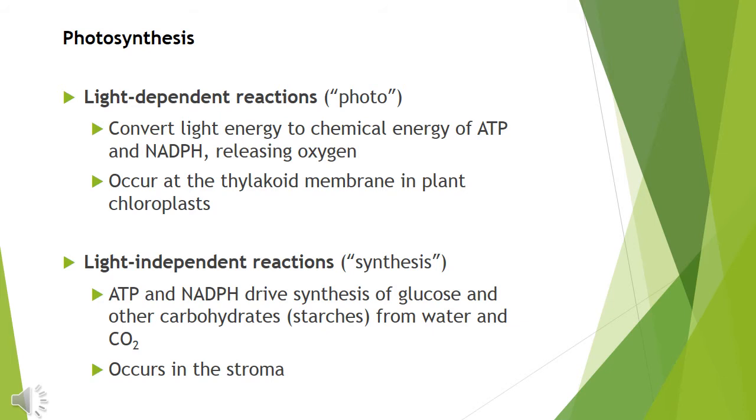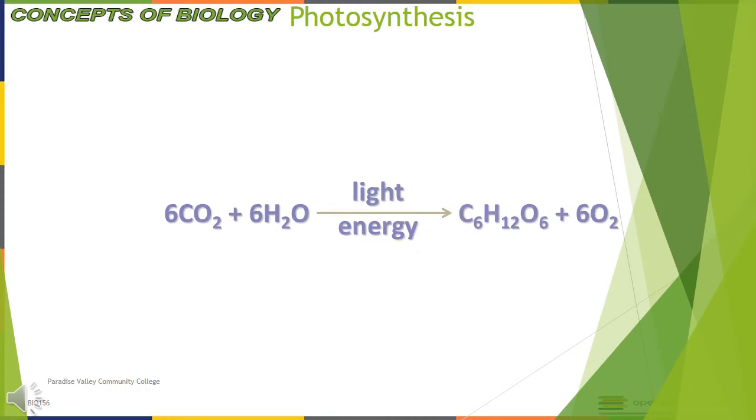But these two components, light-dependent reactions, we're actually using the light that we get from the sun, and the light-independent reactions, we've already used light and now we're going to use the byproducts of that process and make our energy. Okay, and so those are the two that are involved in photosynthesis.